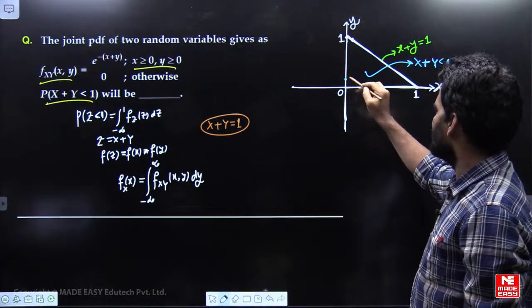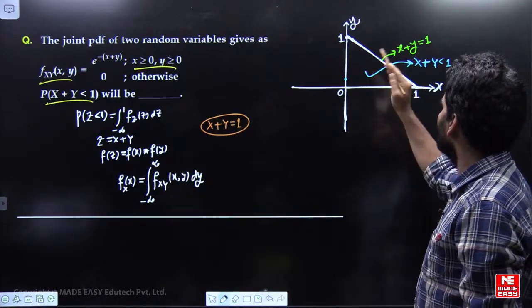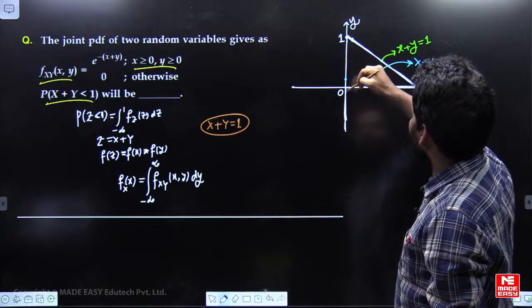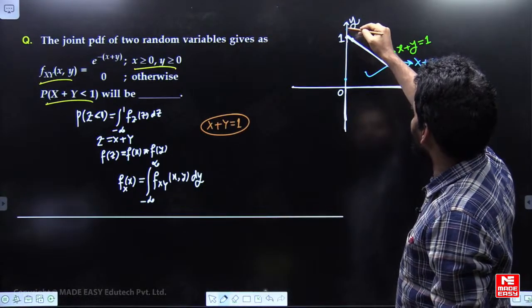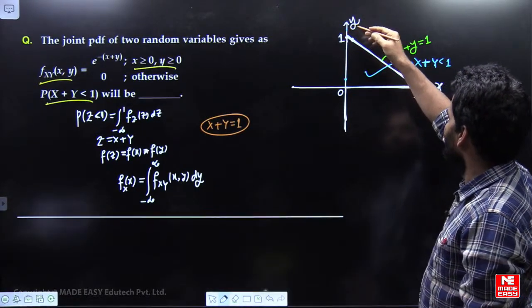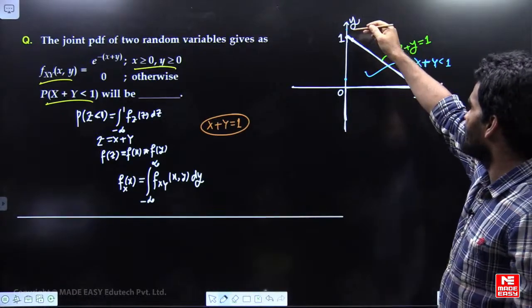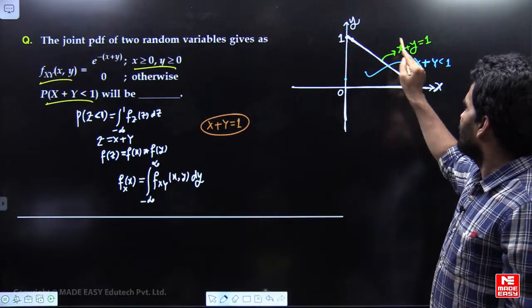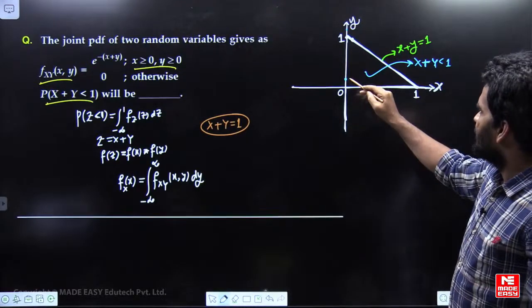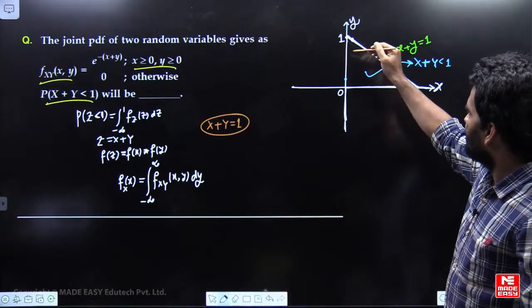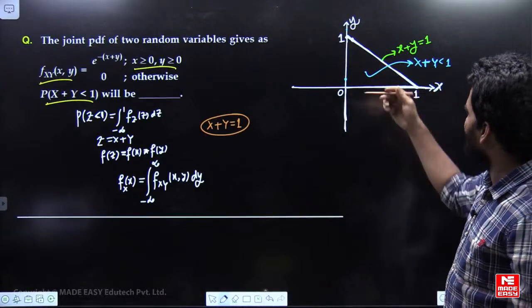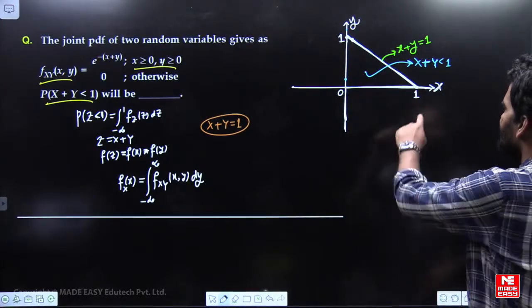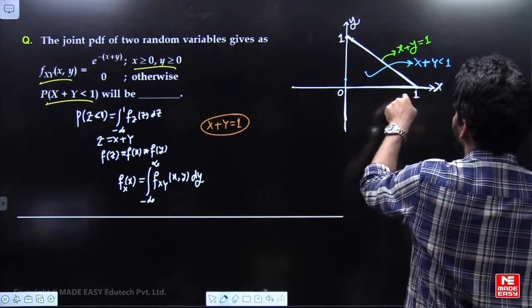So 0 plus 0.1 is 0.1, x plus y is less than 1. If you take this point, x value is 0 but y value is some 1.2. So 0 plus 1.2 is 1.2. x plus y is becoming greater than 1 here. So this point corresponds to x plus y less than 1. If you take any point in this region, you will get x plus y value less than 1. This region is corresponding to x plus y less than 1.